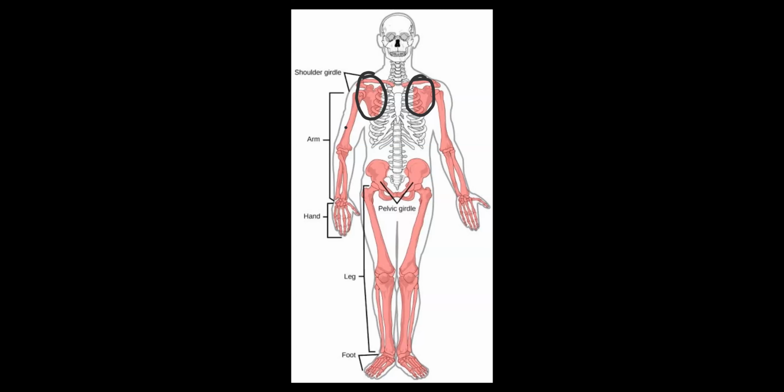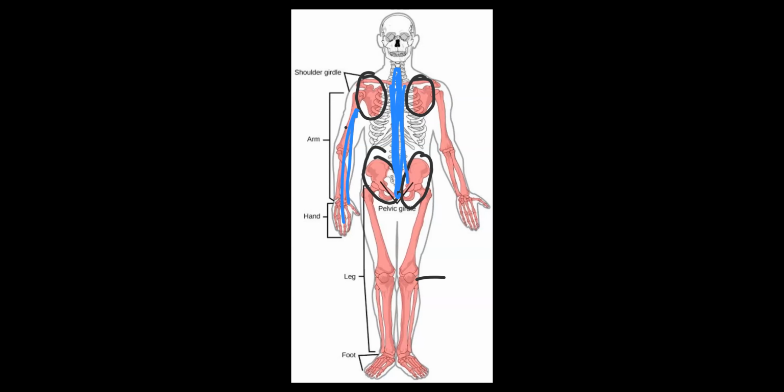And if you see this, the girdle that is connecting hind limb bones with the axial skeleton, we call this the pelvic girdle. Here you have the axial skeleton, here your forelimbs, and here your hind limbs.